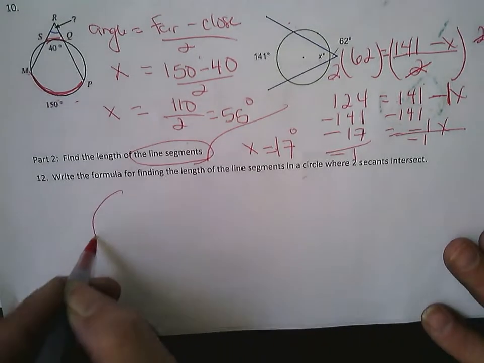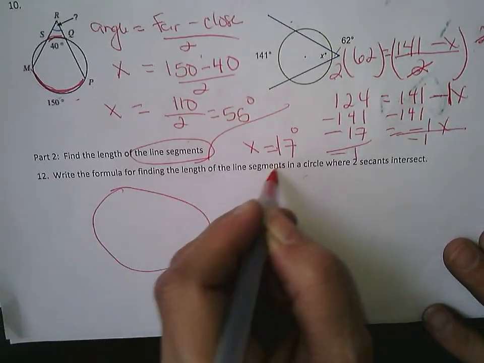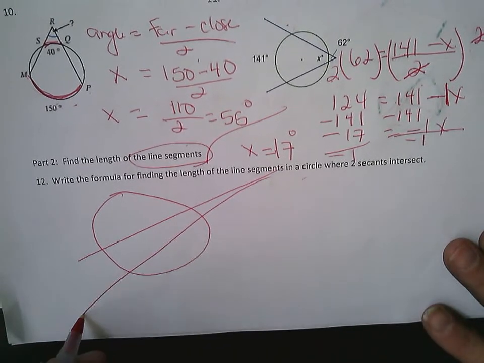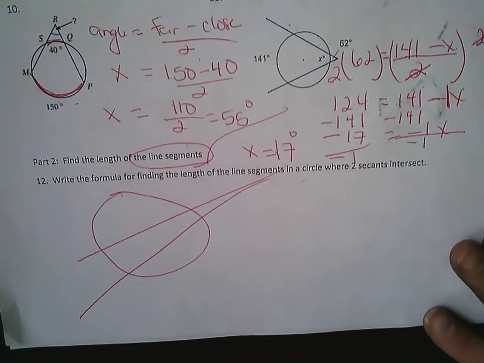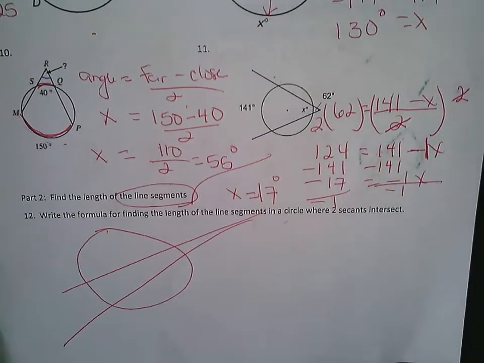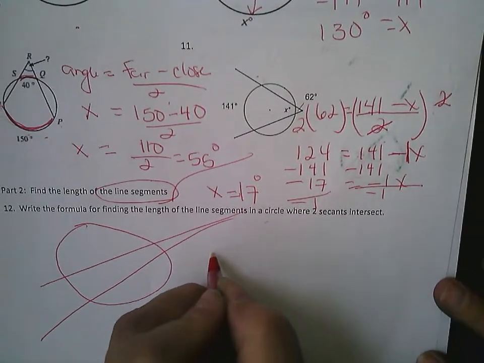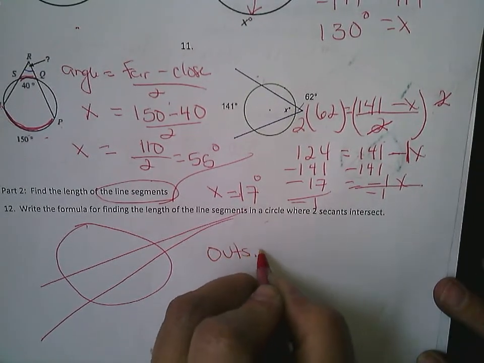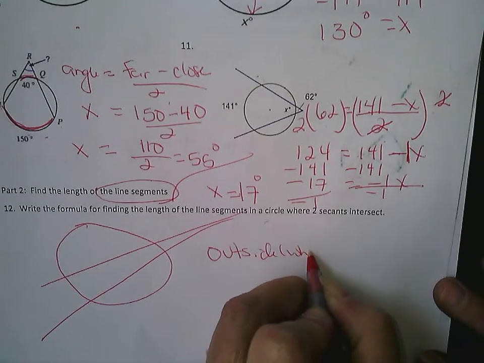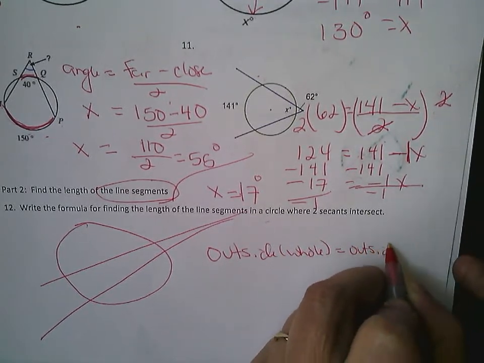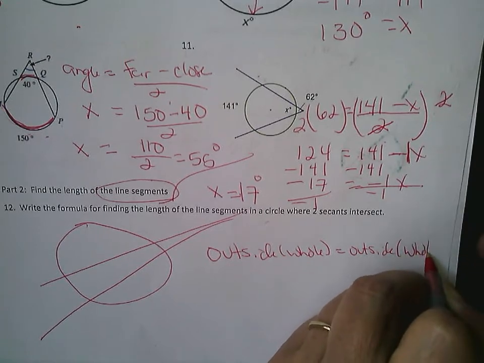Once again, we have our circle with two secants in it, and we're going to put them together to figure out our formula. For the sake of time, I'm going to give it to you: the outside times the whole equals the outside times the whole.